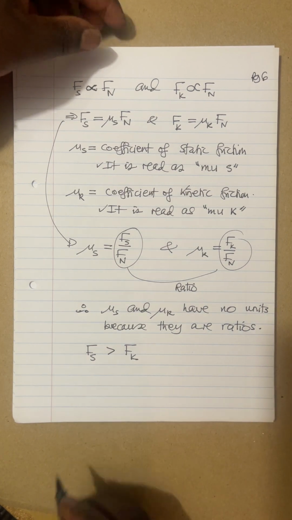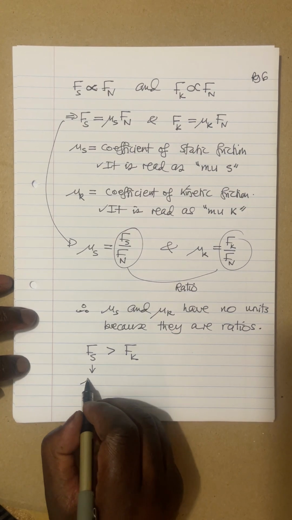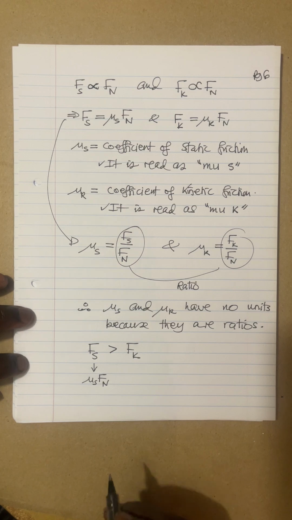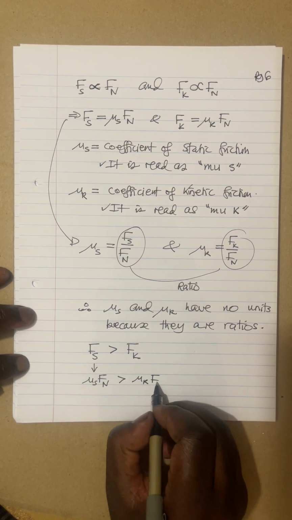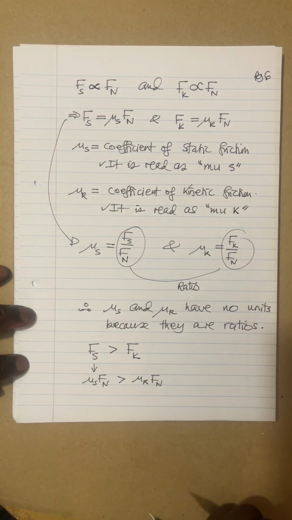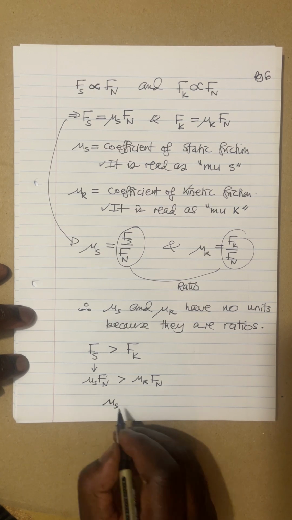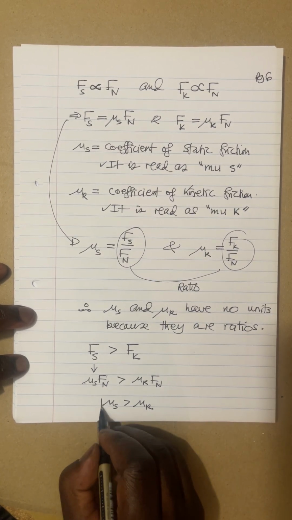And from here, we can say that by definition, mu s times F normal, if you are considering one object, will be greater than mu k times F normal. Where am I getting these from? I'm getting them from the definition up there. And when you cancel out the F normal, it turns out that the coefficient of static friction is always greater than the coefficient of kinetic friction.